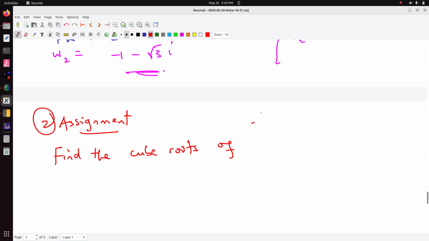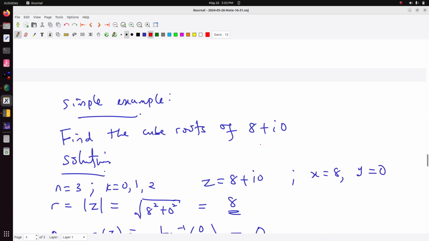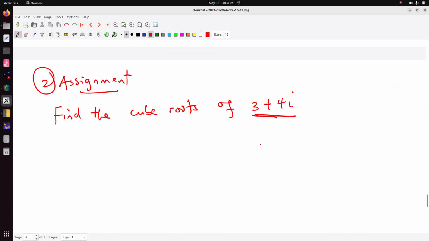So find the cube root of 3 plus 4i. In this case, the real part is 3, the imaginary part is 4. Unlike the case we treated here, where the real part is 8 and the imaginary part is 0. So there you are going to obtain 3 results, 3 values. Those 3 will be the cube roots.